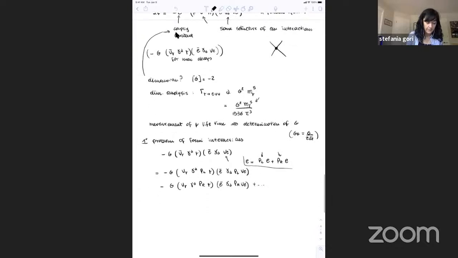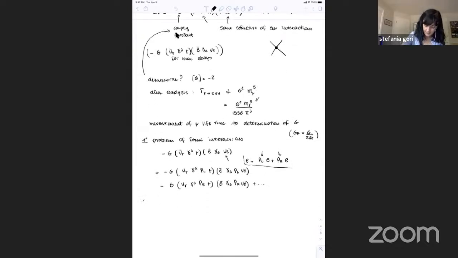But then there were studies of beta decay of several nuclei, as for example cobalt, by Wu in 57. So the cobalt was, for completeness, decaying to nickel and then an electron and an antineutrino.